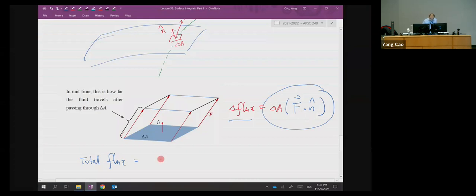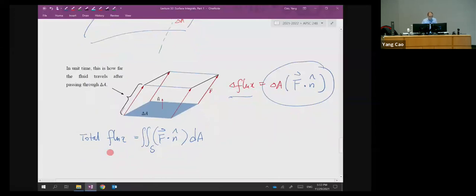So what are we adding? We're adding up this F dot n hat, and then delta A, right? When you add things up, you're doing integration, right? Summation becomes integration, and you're integrating over the surface, and then the delta A becomes dA. You get the total flux.